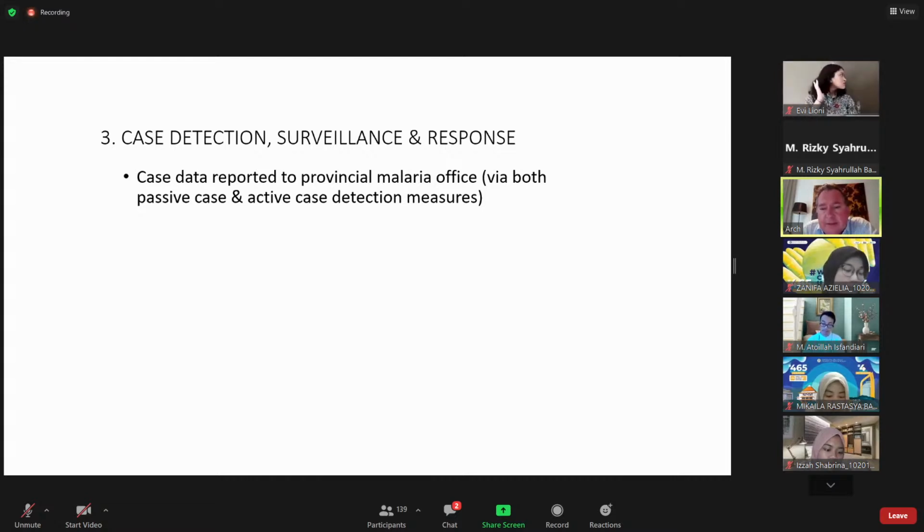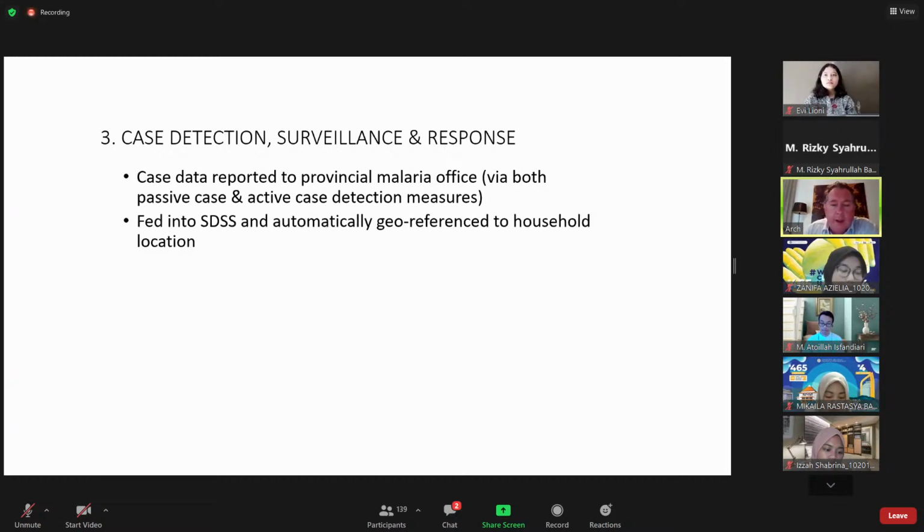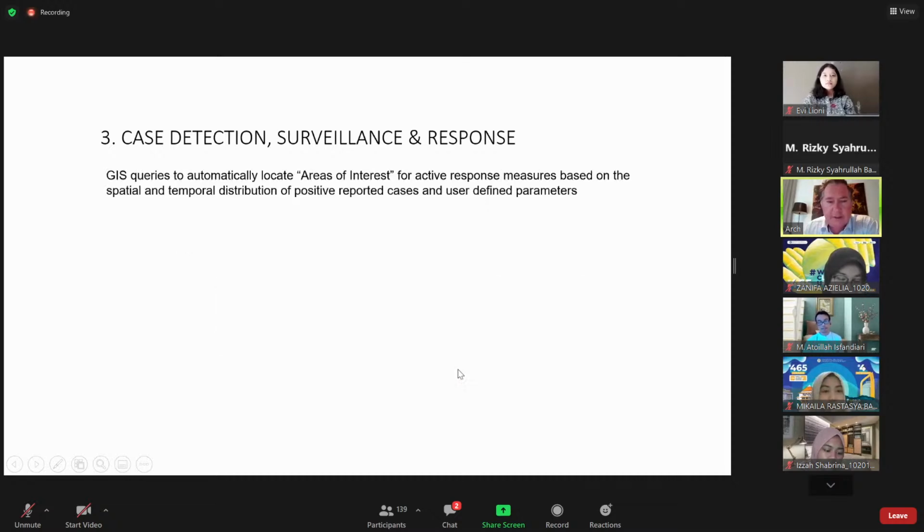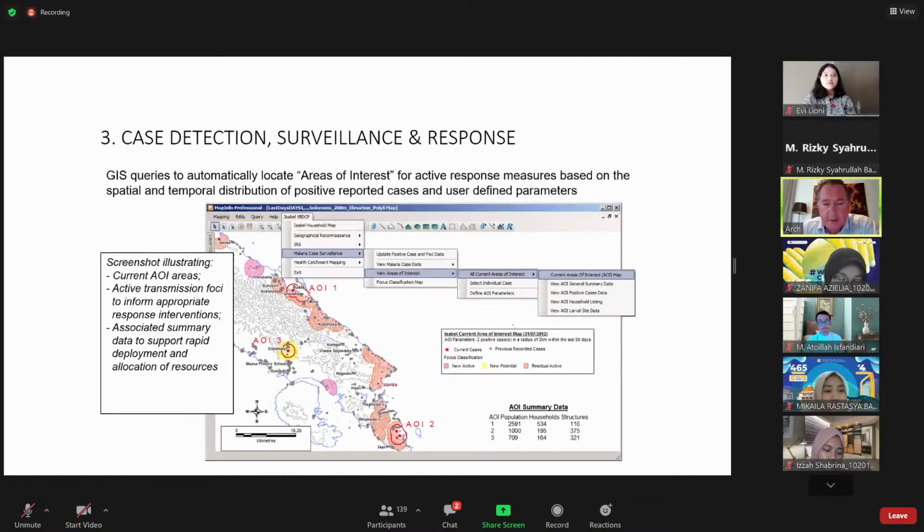And that information is then mapped in real time using our geographical reconnaissance data. And then that is in the spatial decision support system. And then that information is used to identify zones of interest.